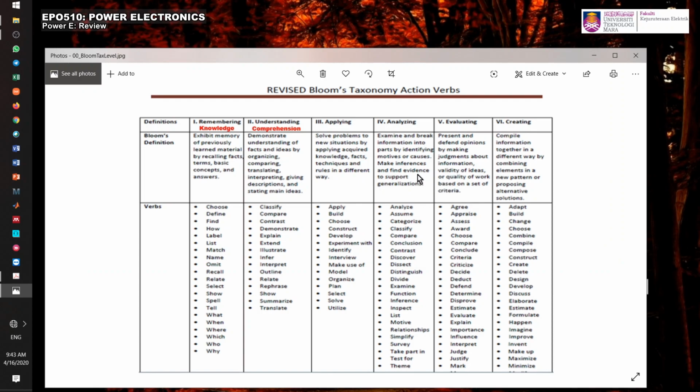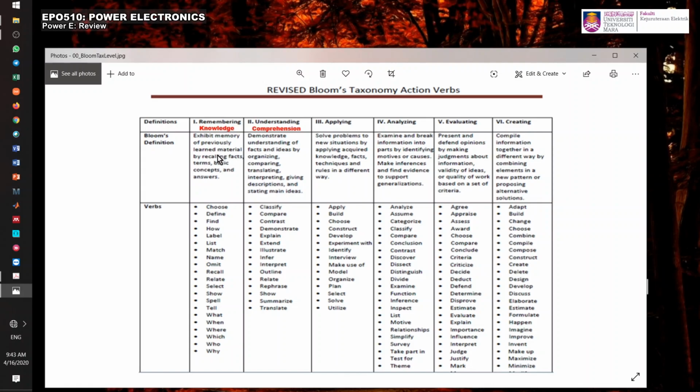I also would like to come back to Bloom's taxonomy. This is very important, because as you start to learn new things, you have to always check yourself, your current level of understanding. You are at the knowledge level, the first level, or remembering, where you just remember.